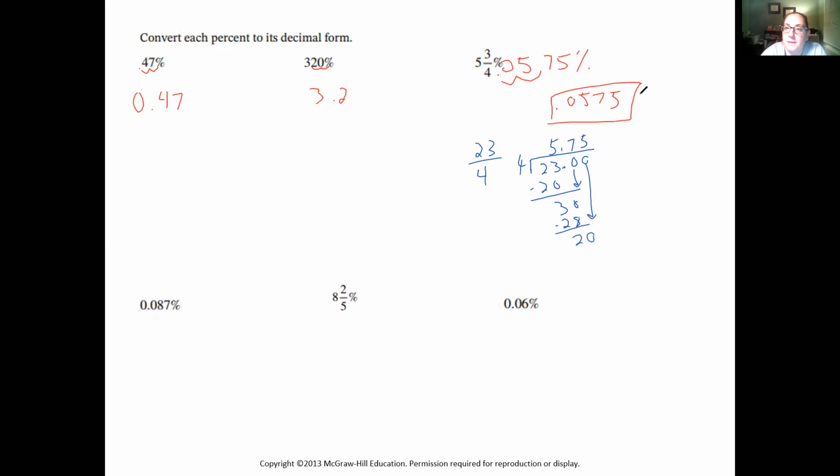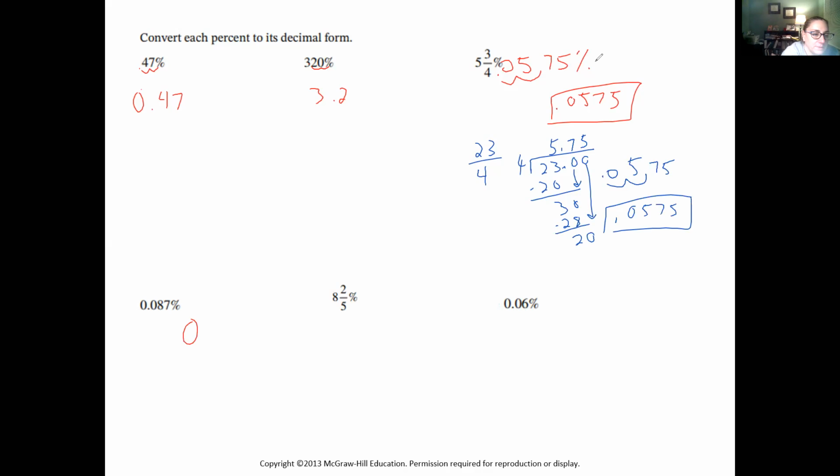We get 5.75. And it would go to the left, 1, 2. And we would get 0.0575, just like we did the first time. Okay, so either way is appropriate.